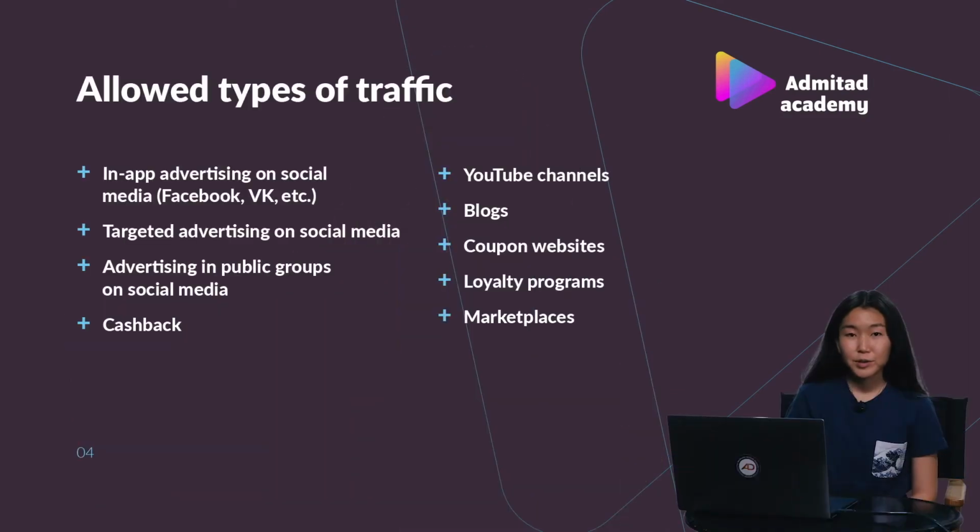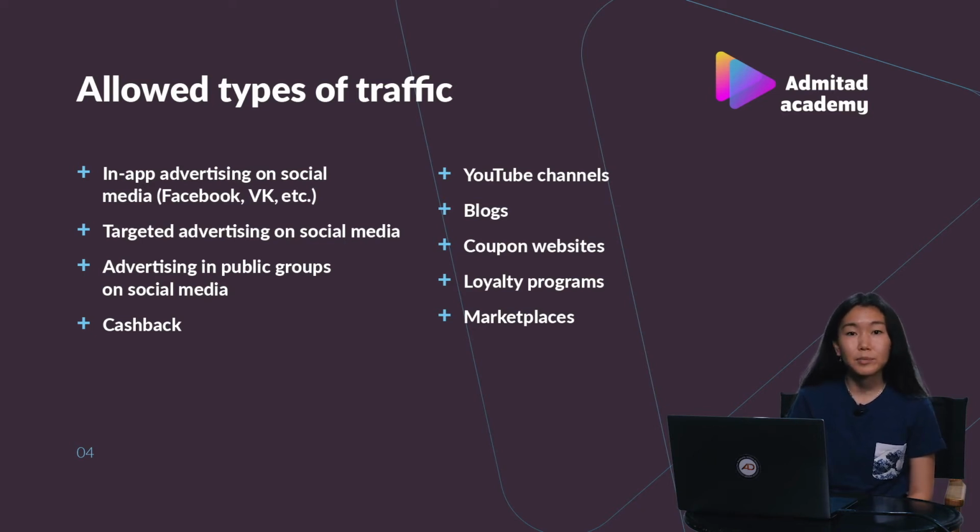So how do we begin to work with AliExpress program? First, we need to get familiar with allowed and forbidden types of traffic. The allowed types of traffic mean that the advertiser allows publishers to drive traffic from these sources.